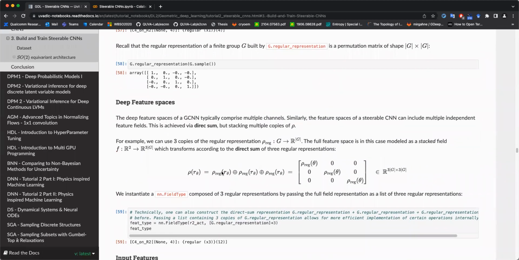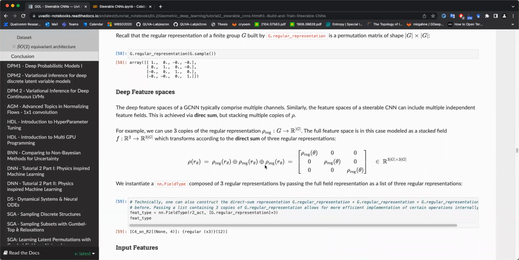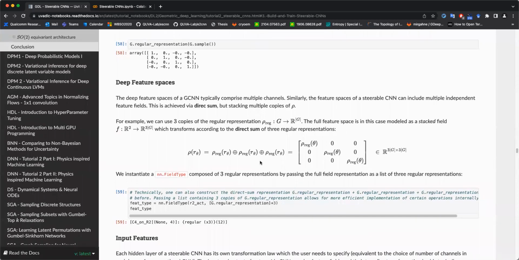What makes more sense is to choose one convenient representation, like the regular one, and then repeat it n times to build very wide feature fields. And to do that, we just use the direct sum, which we have already seen earlier. To draw some analogy with a group convolution, in a group convolutional neural network you would pick the regular representation to model the number of rotations, and then the number of copies of it would correspond to the number of individual channels that you have in a normal group convolution.